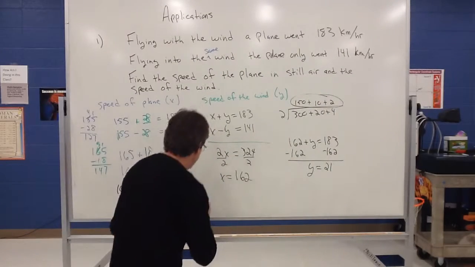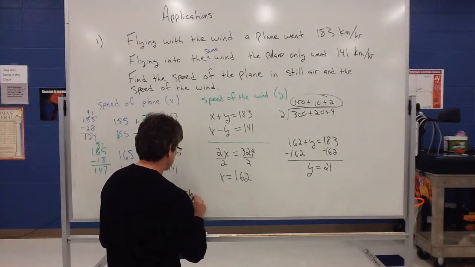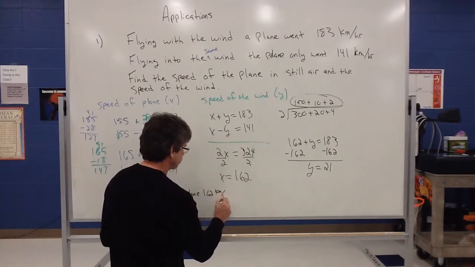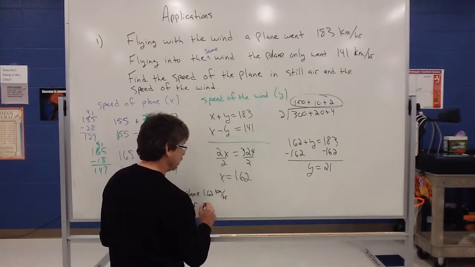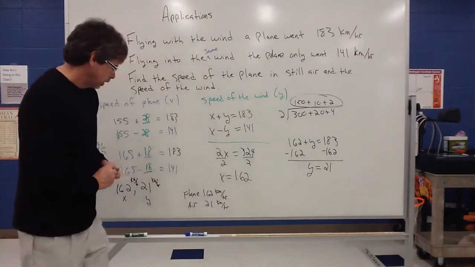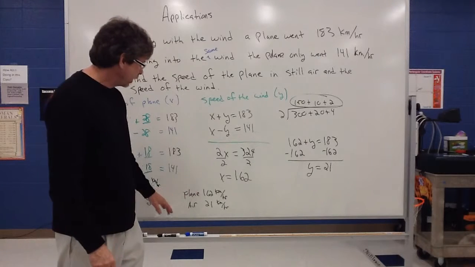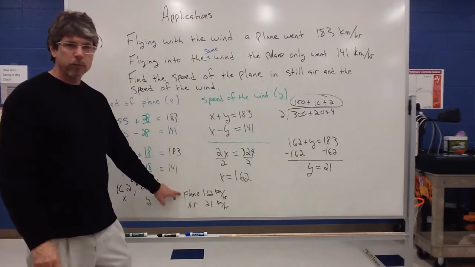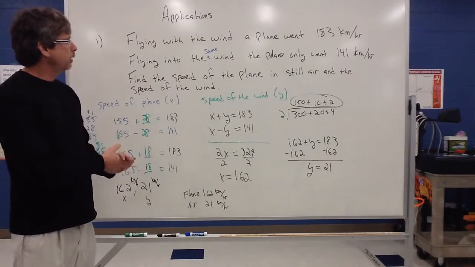So, to clarify this, the plane is going 162 kilometers per hour, and the air is going to be 21 kilometers per hour. Make sure you clearly spell out which is which. So you may want to not just say x and y, but put the word plane and air into that.